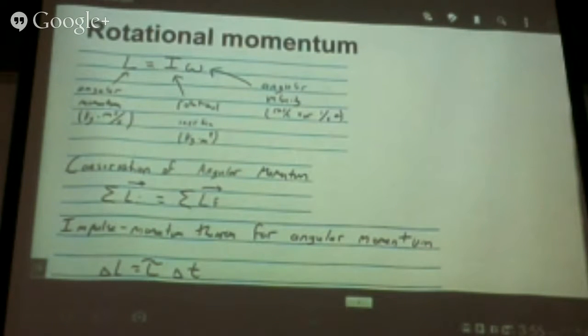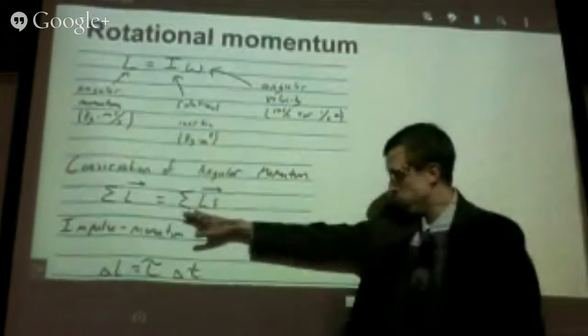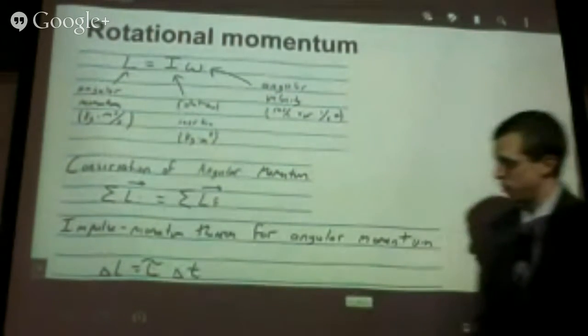And same deal as before. If we don't have any forces from outside, any torques from outside of our system, then our angular momentum is going to be conserved. And so we can say the total initial angular momentum equals the total final angular momentum.